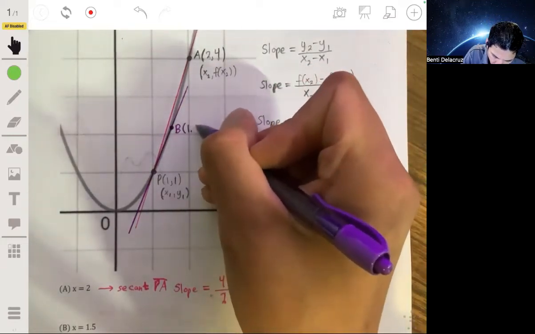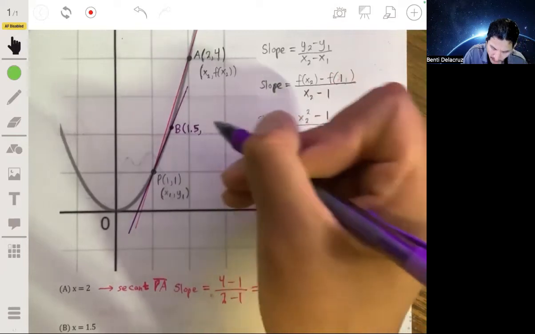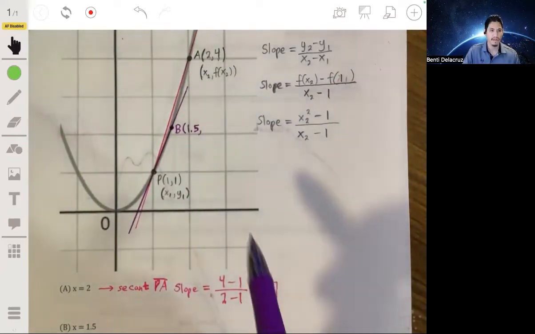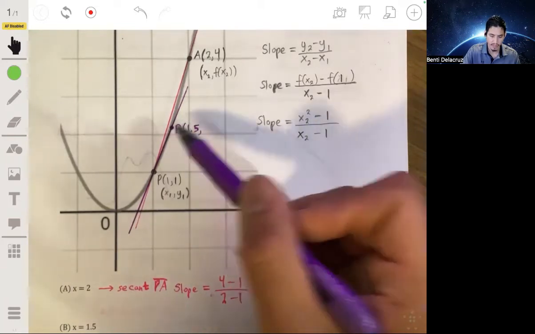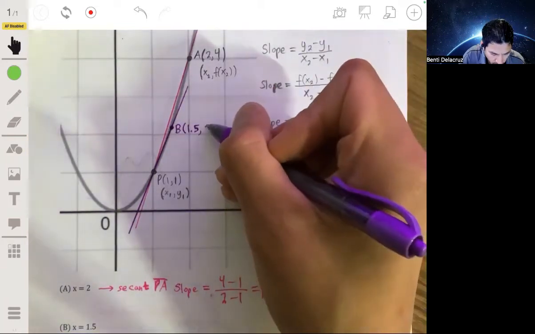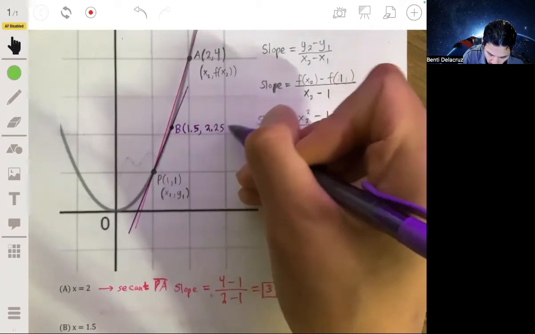And B is at 1.5, comma 1.5 squared, since we're talking about the line on the parabola, and 1.5 squared just happens to be 2.25.